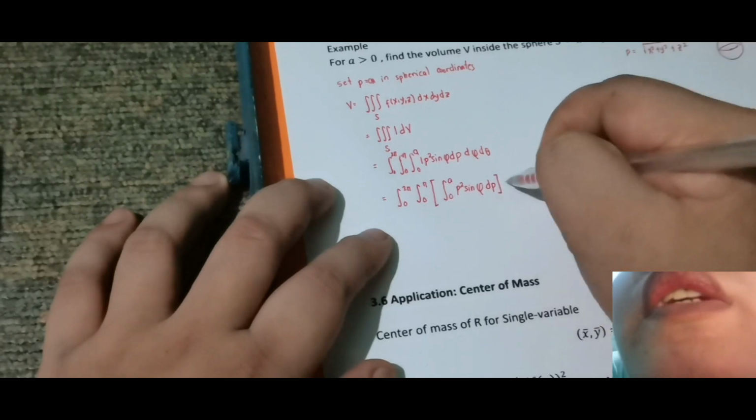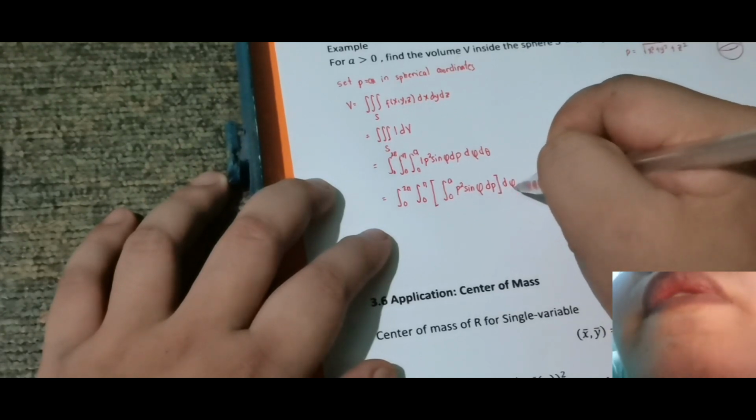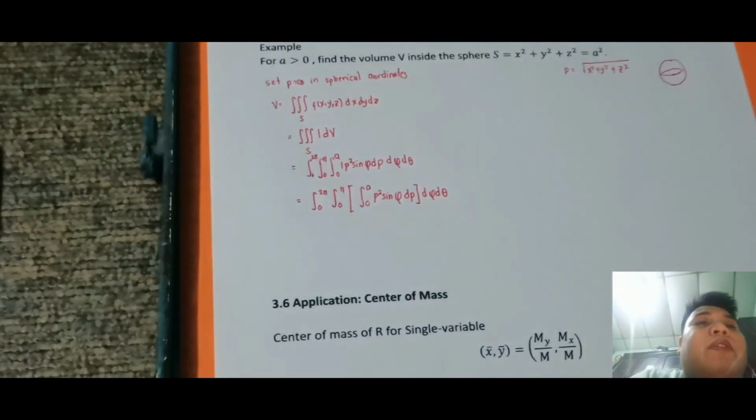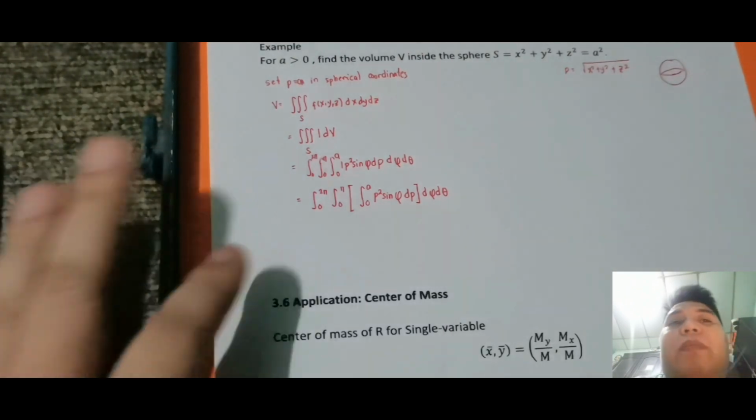Then, this is d zenith, then d theta. Medyo mahirap banggitin ng mga term o ng mga symbol.